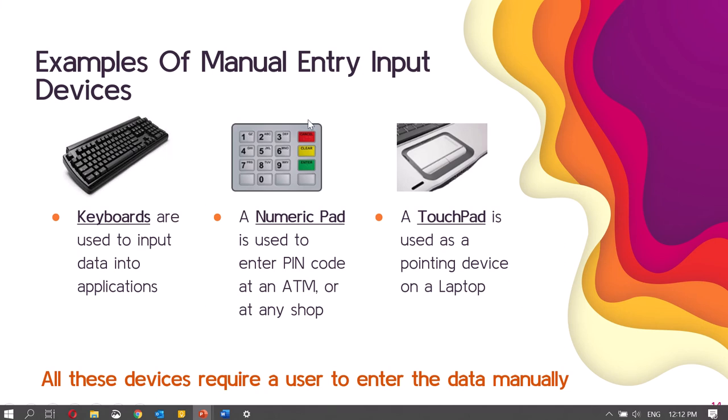Another example of a manual entry input device is a numeric keypad. You must have seen this in ATMs when you are trying to withdraw cash. This allows you to enter only numbers. This is another example of a manual entry device because you as a user are manually entering the input.